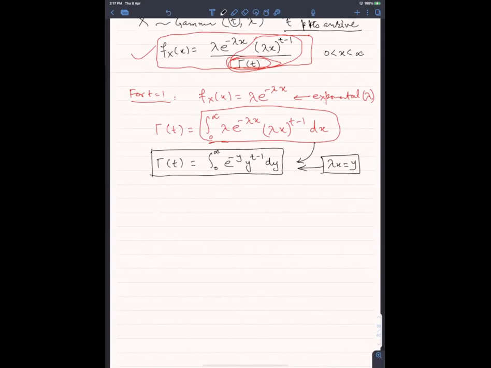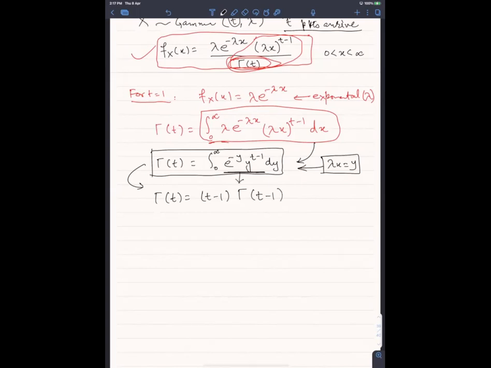This is not something very important, but this is the definition of gamma. Internally, this guy can be integrated by parts. If you integrate by parts, you get gamma t would be equal to t minus 1 into gamma t minus 1.